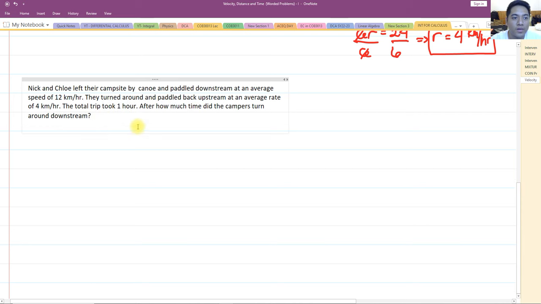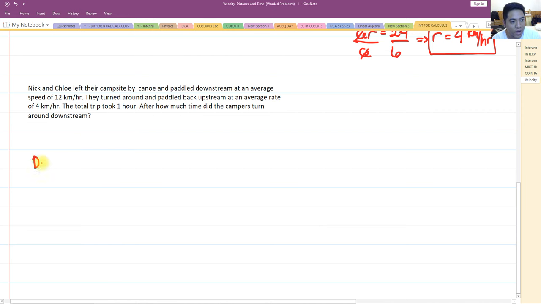What happened was they rowed their canoe downstream, and afterwards they went back against the current, upstream. The problem says they returned after an hour; the total trip took 1 hour.